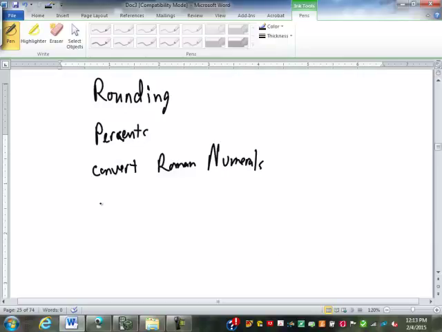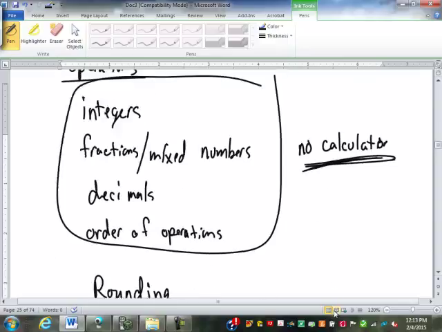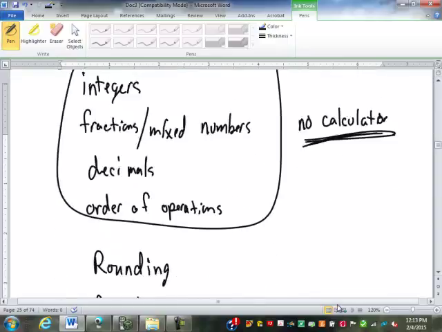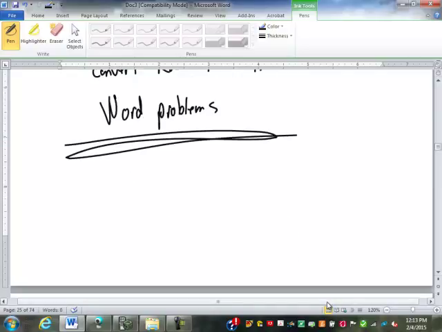And of course, the big one that everybody loves, word problems. So that is our big list for Unit 1. After this, there'll still be a little bit of review starting out Unit 2, but hopefully it gets a little more interesting from here for you.